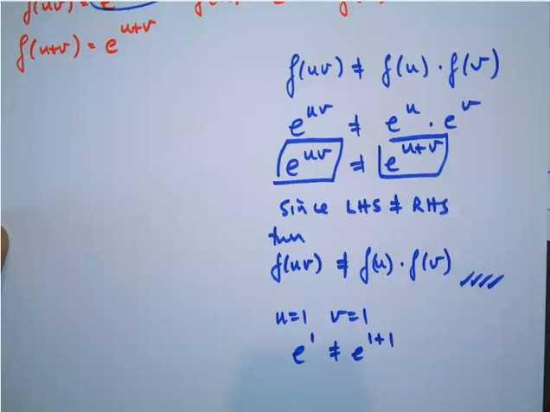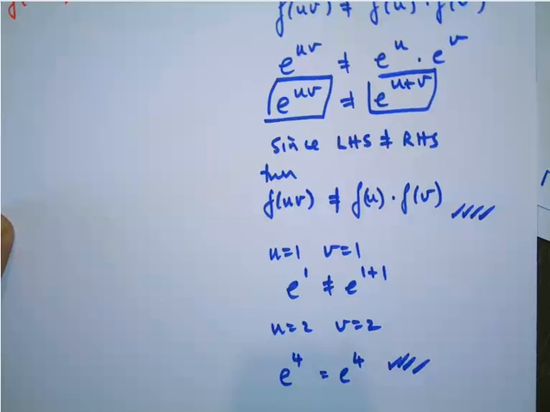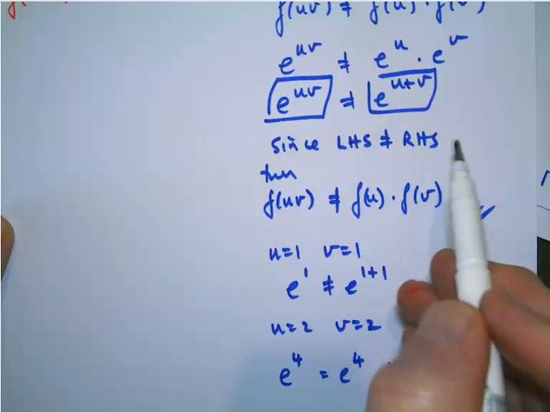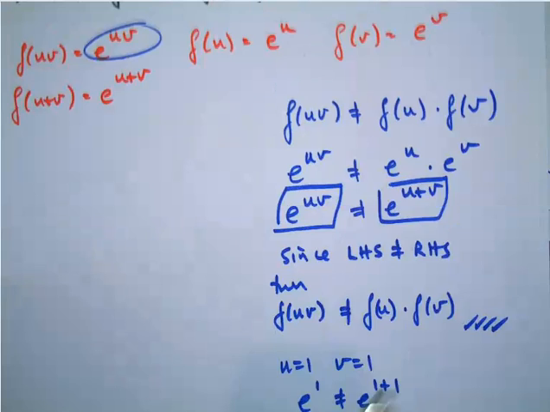For example, if u equaled 2 and v equaled 2, my left-hand side would be e to the 4, and that does happen to equal e to the 4. It worked on that occasion, but there'll be other values of u and v where it doesn't work. So the left-hand side has to be identically the same form as the right-hand side. Okay, that's my showing that this did not equal.